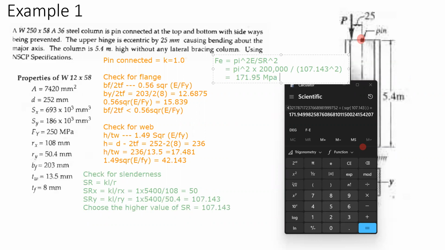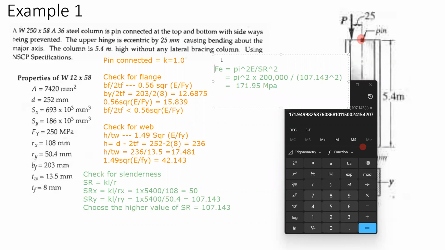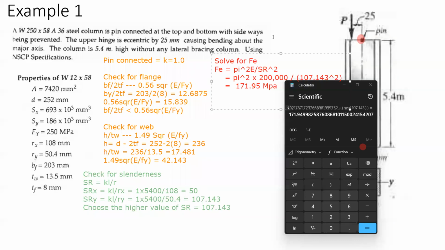After that, let us solve for FCR. So when we're solving for FCR, let's first compare our slenderness ratio to 4.71 square root of E over Fy.